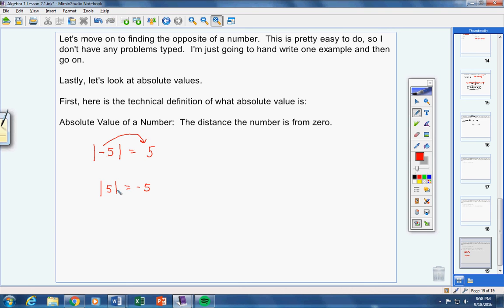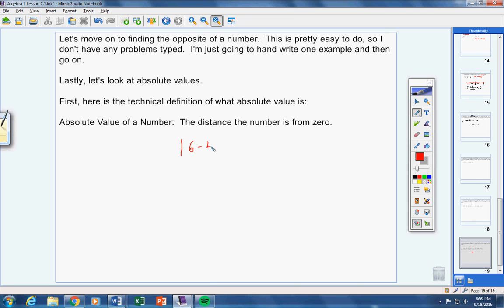Or leave it positive. It was already positive, so I just simply leave it positive. So the absolute value of -5 is 5, make it positive. And the absolute value of 5 is 5. So Mr. Arrow, you're saying that when we take the absolute value of a number, we will always get a positive number. That is correct. Always.